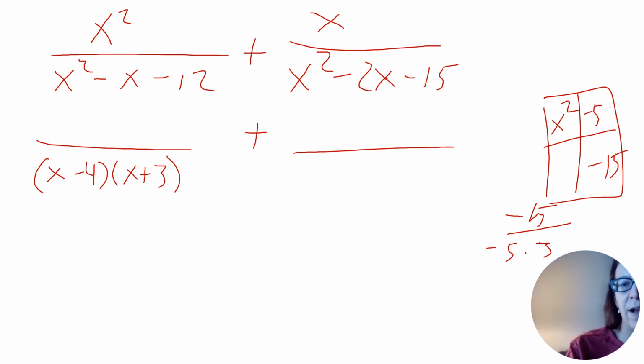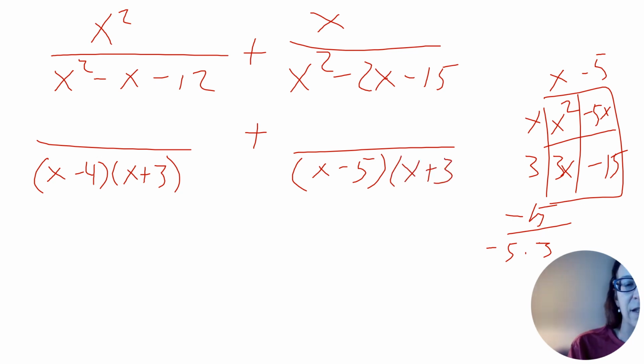So we'd have negative 5x and 3x, and of course x squared factors into x times x. We have a negative 5 and we have a 3, and again, we could make the factoring on that a lot messier. We could have a leading coefficient, we could have a lot of things going on.